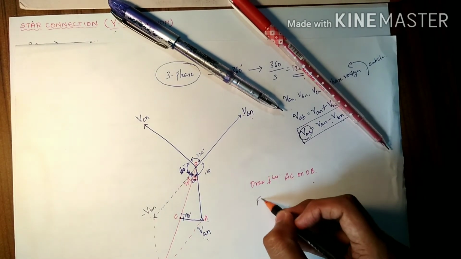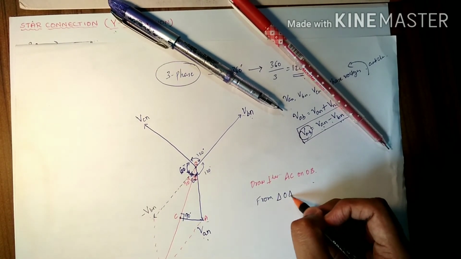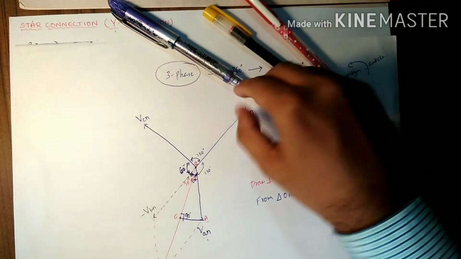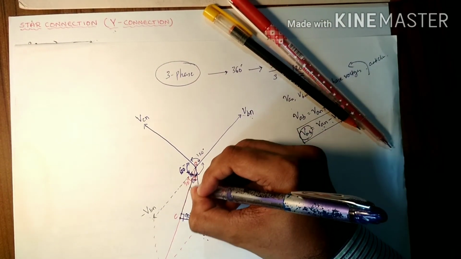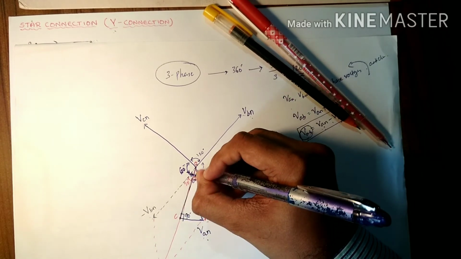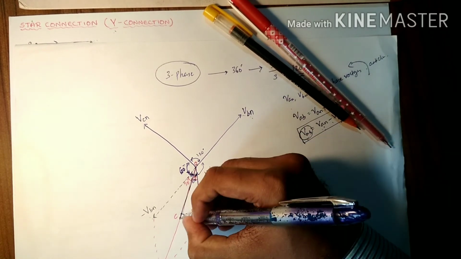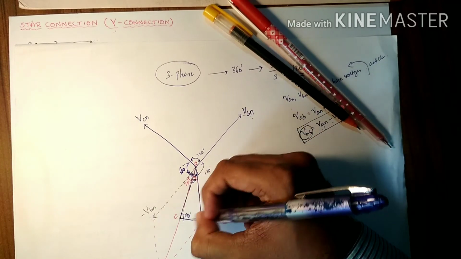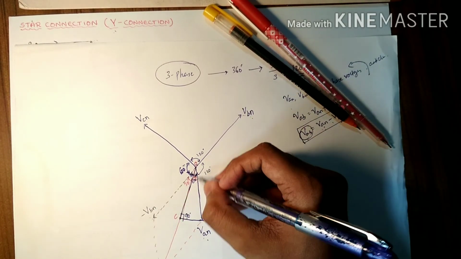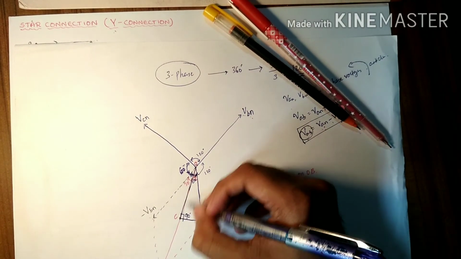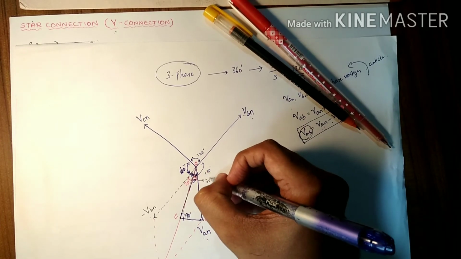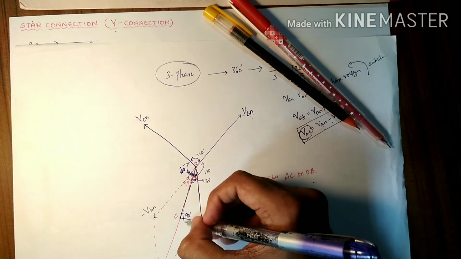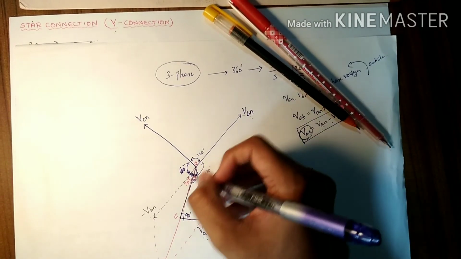Now from triangle OAC. Where is this OAC? I'll be concentrating only on this triangle from here to here. So this is triangle OAC, a right angle triangle, right? This angle is 30 degrees, this is 90, and OAC is the triangle.